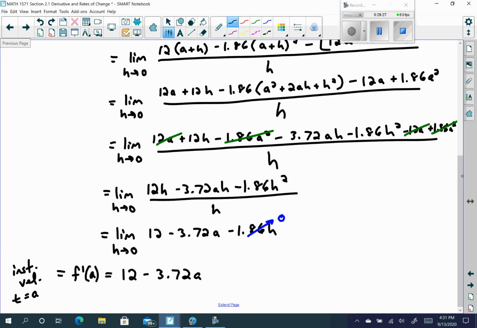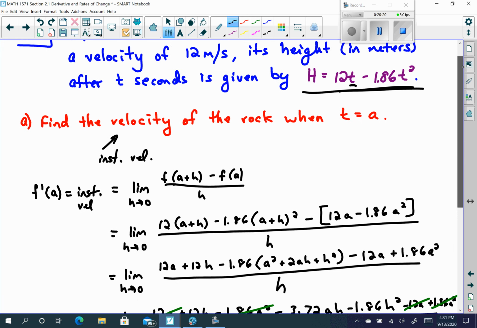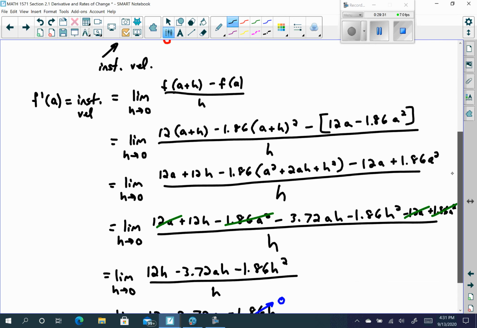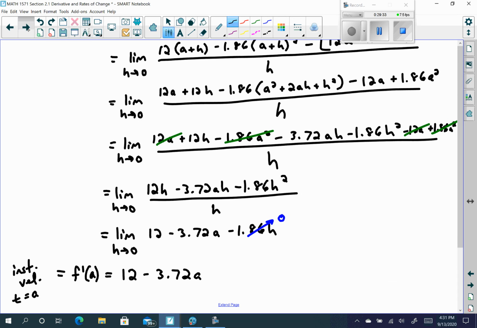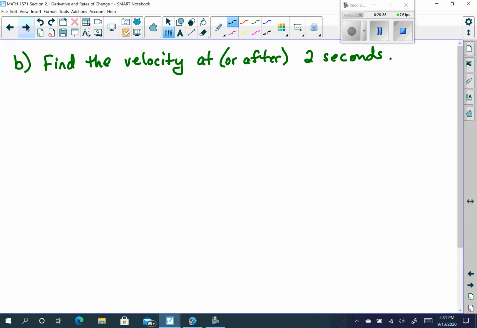All right, so that was just question 1. Find the velocity of the rock when t equals a. So we did that. Part B, find the velocity at or after. You're going to see it phrased either way: find the velocity at t equals 2 seconds or after t equals 2 seconds. It still means the instantaneous, that instant when t equals 2. In this case, a is our special number, so 2 seconds.